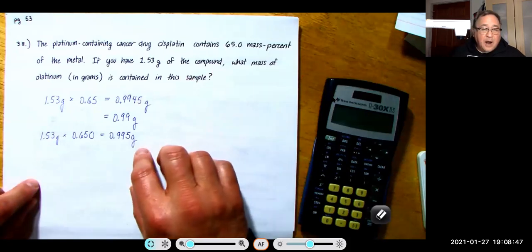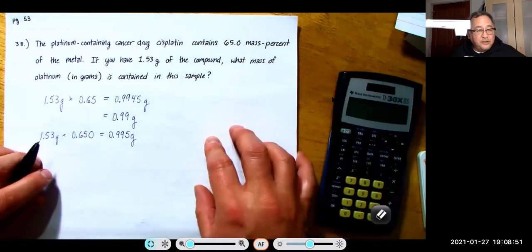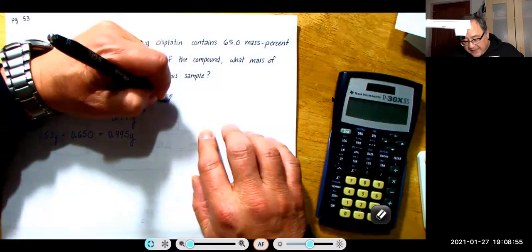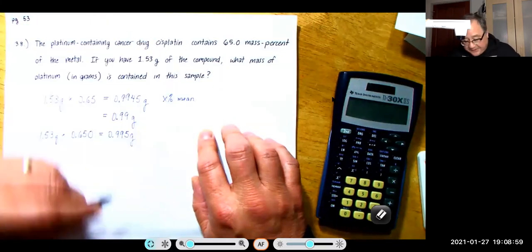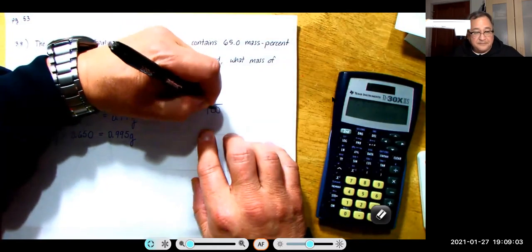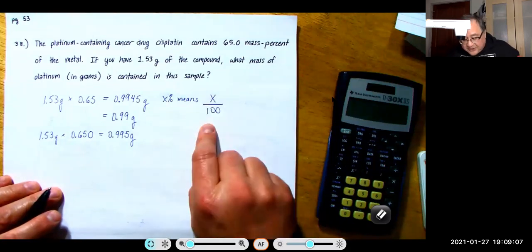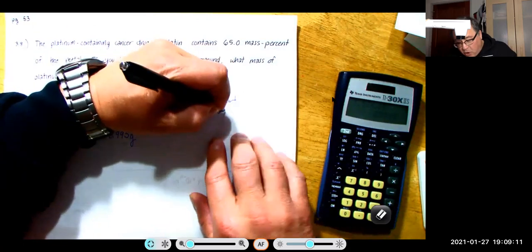So I'm going to show you the proper way to use percentages in this class. And this is the way I want you to use them from now on. Percentage means, X percentage means X over 100. And not only does it mean X over 100, it means X part over 100 whole.